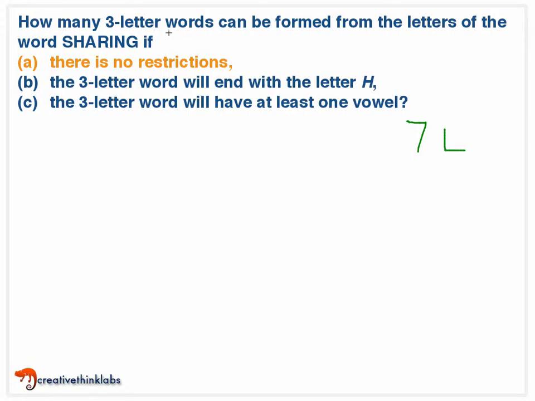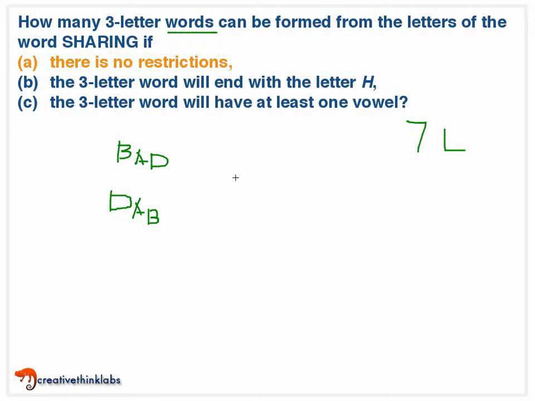Now, when you're working with words, usually it's a permutation because order does matter. I mean, if you were to write BAD, and then if I were to write DAB, these are two different words. They're not the same. So in this case, I know that it's a permutation problem.